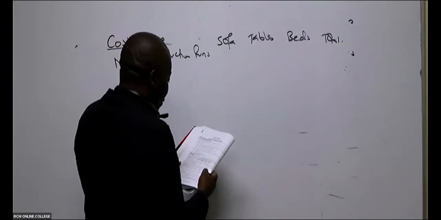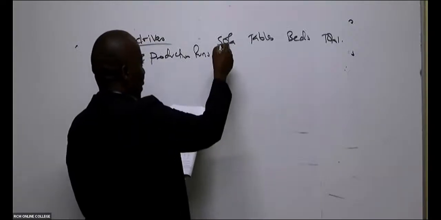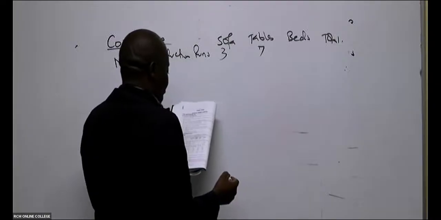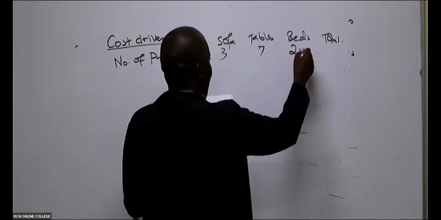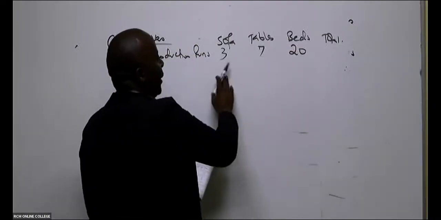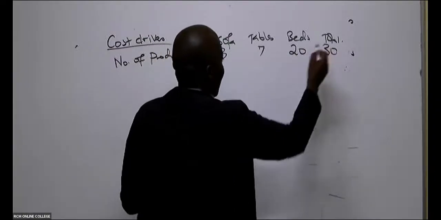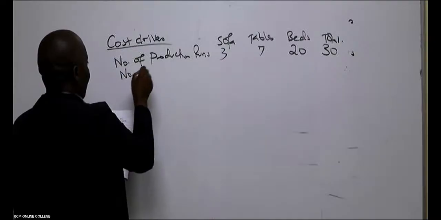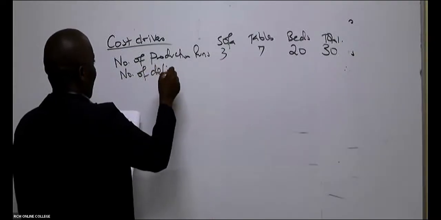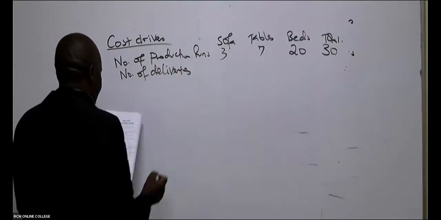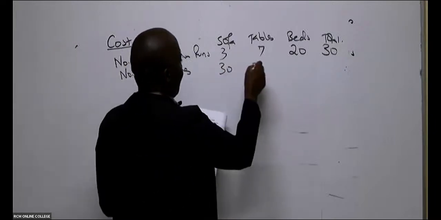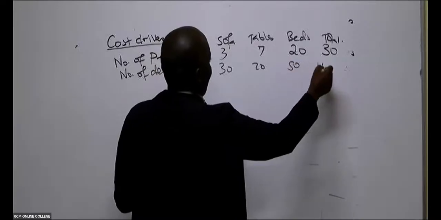Number of production runs, I can see we have 3, we have 7, and we have 20. When you add them, we shall get 30, right? Then we have number of deliveries: 30, 20, 50, giving us 100.